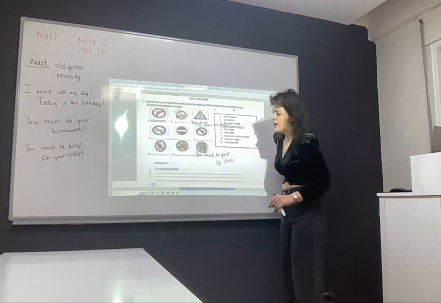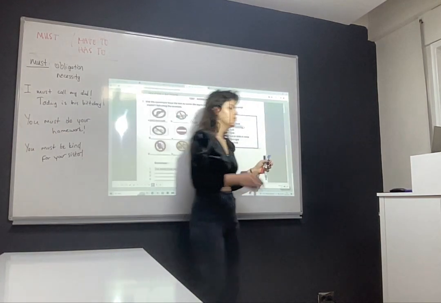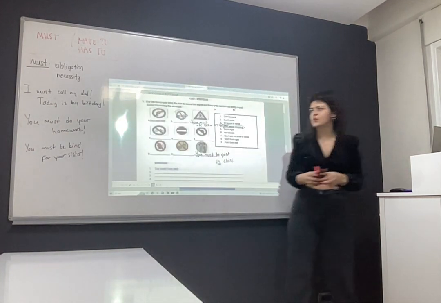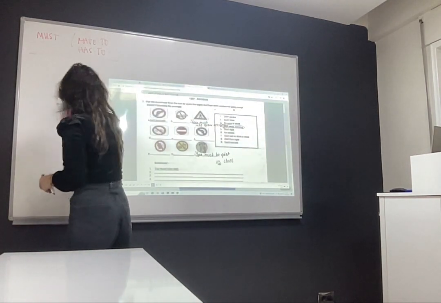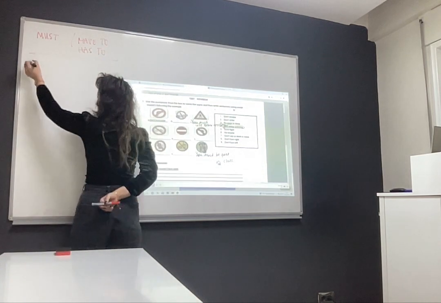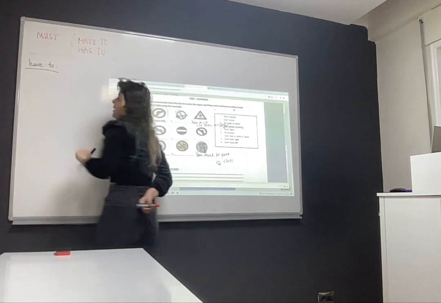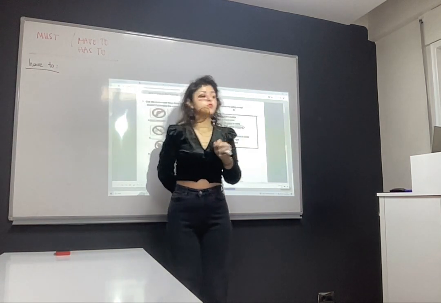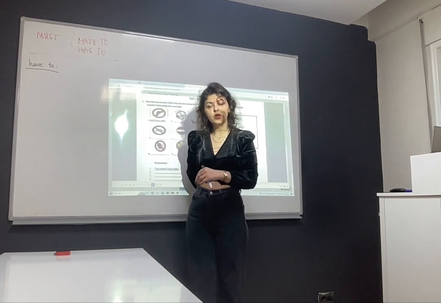Let's check out what have to means, and how we use have to in English. Have to. Kids, there is an important issue. In English we have auxiliary verbs and main verbs.